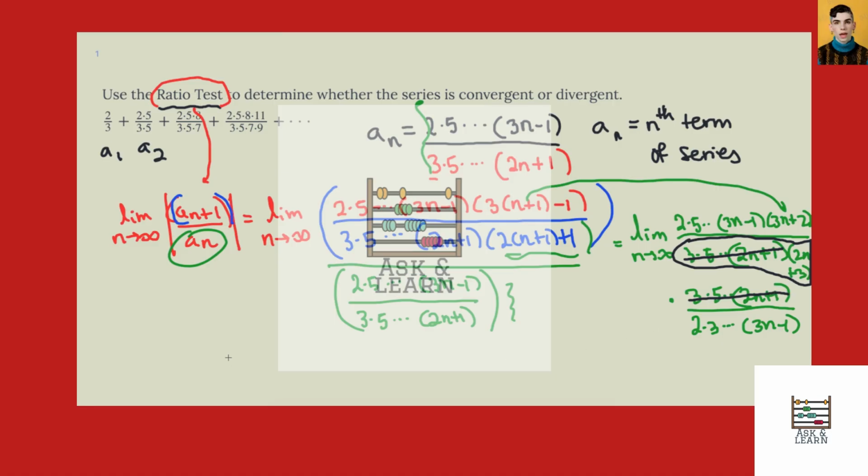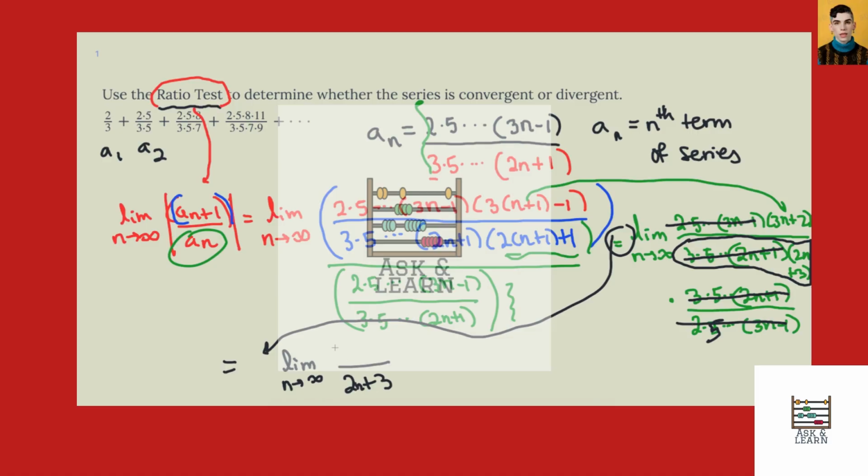So that leaves us with a 2n plus 3 in the denominator. And how about the numerator? It looks like we could cancel, and then here, sorry, this should have been a 5. It looks like you could cancel everything up to 3n minus 1, and then you're left with 3n plus 2.